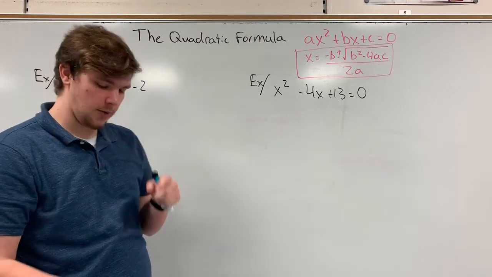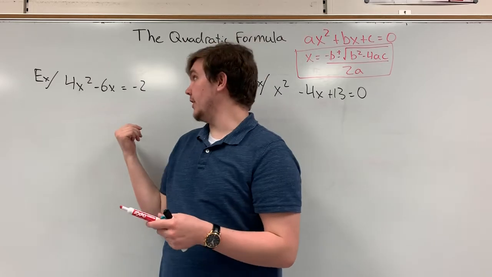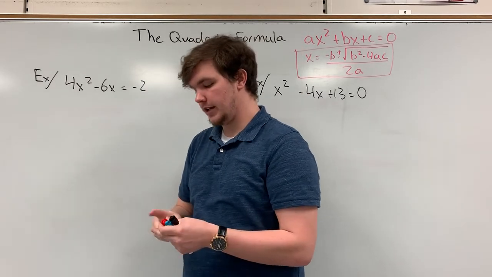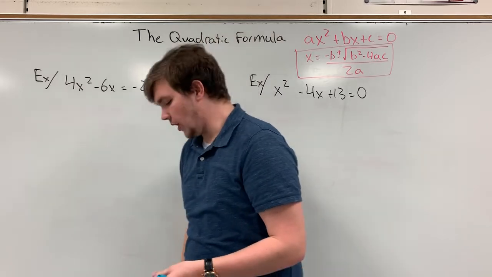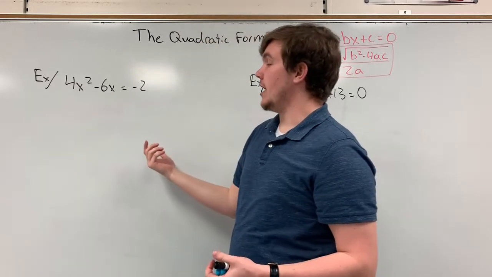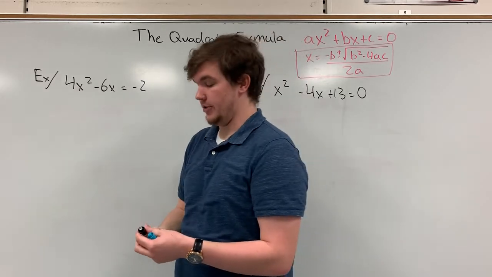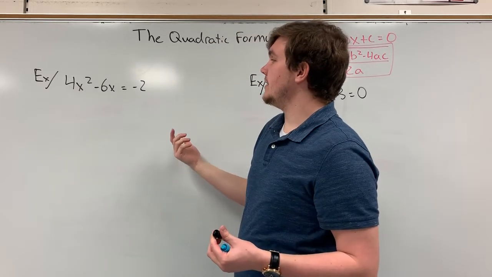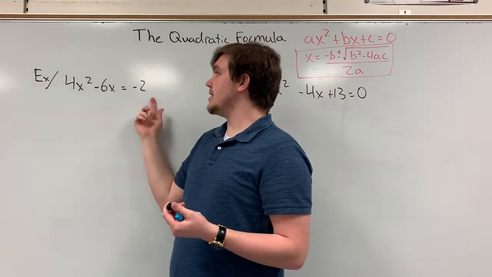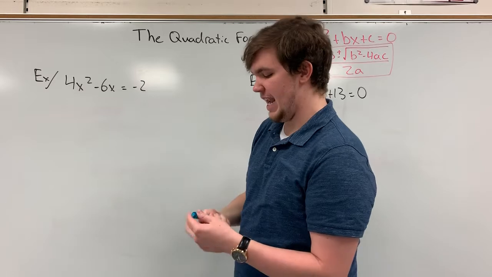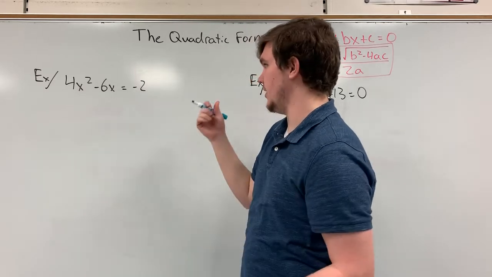So I'm going to start with this first example here: 4x squared minus 6x equals negative 2. I am going to use the quadratic formula to try to solve for x in this equation. Like I said, everything needs to be on one side of the equation, so I'm going to move this negative 2 over to the other side, that darn negative 2.